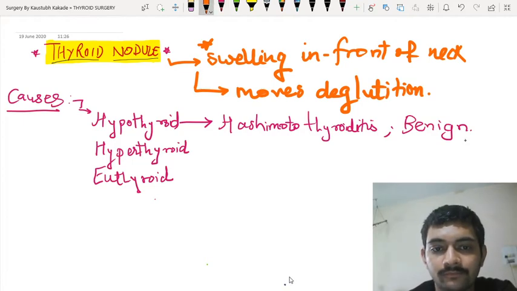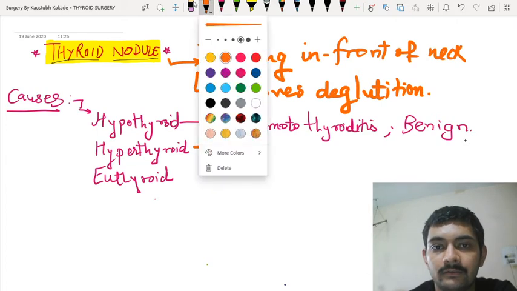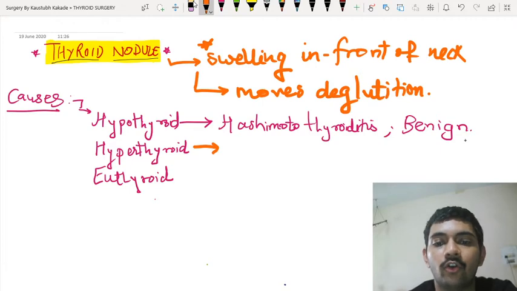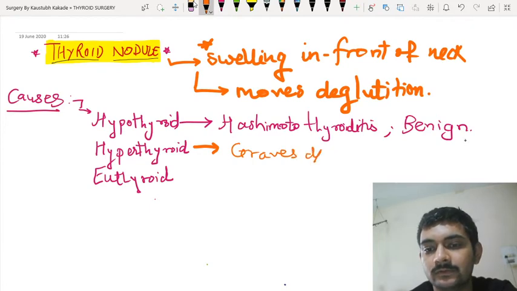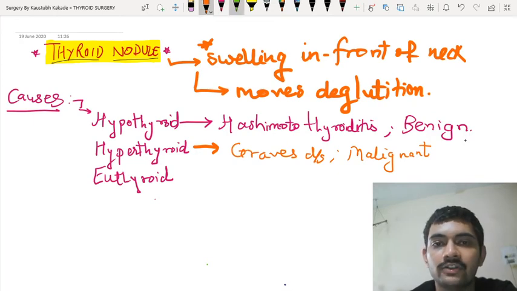Next, you have a hyperthyroid patient that will come to you with a thyroid nodule. It could be because of Graves' disease. It could be because of a malignancy, right? It could be malignant as well. Whereas a euthyroid patient is most likely to have a malignant one.